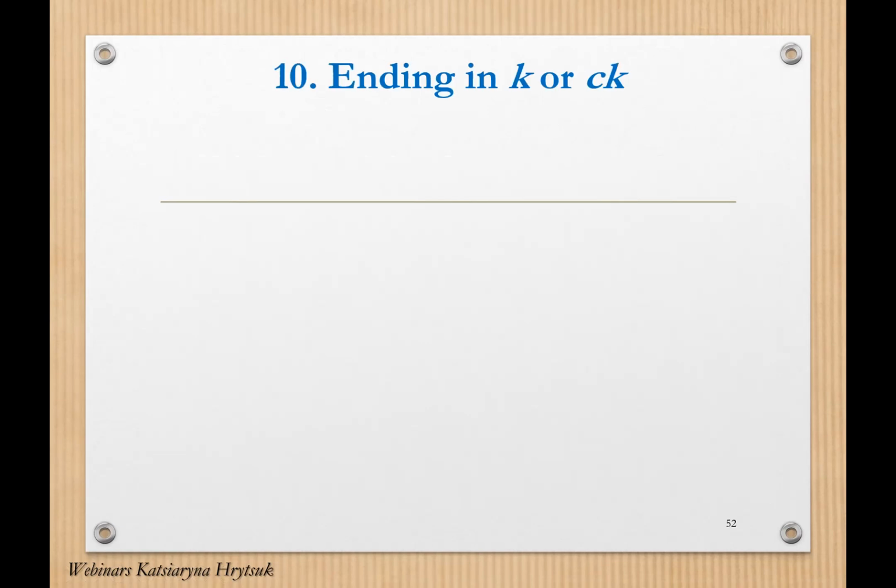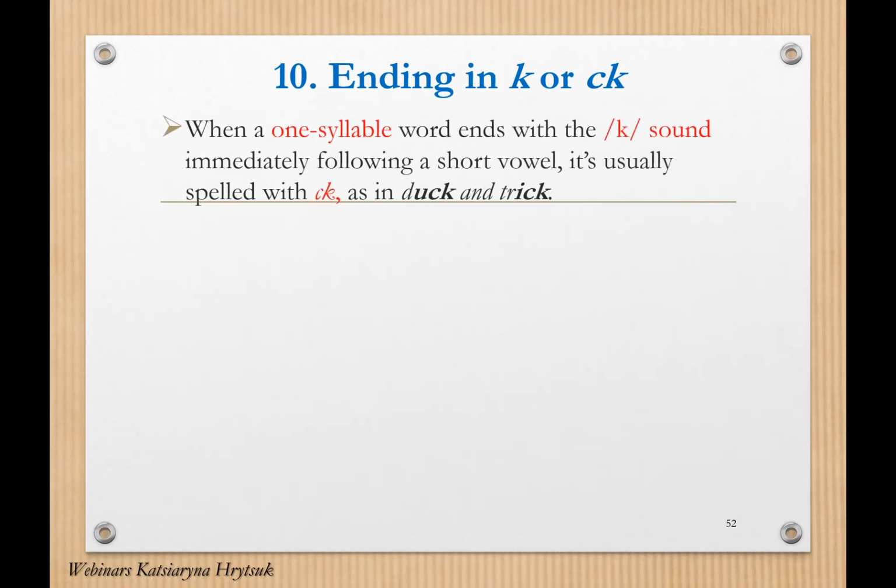Rule number 10. That is easy, when we have K or CK. Look, when we have a one-syllable word that ends with the K sound immediately following a short vowel, it's usually spelled with CK.